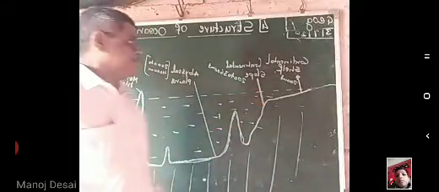Now near the continent, some area until the depth of nearly about 200 meters, this area is called the continental shelf. What is it named? We will see first. This area is called the continental shelf.